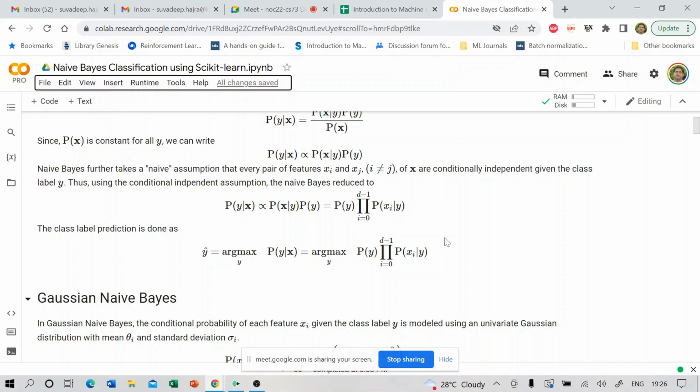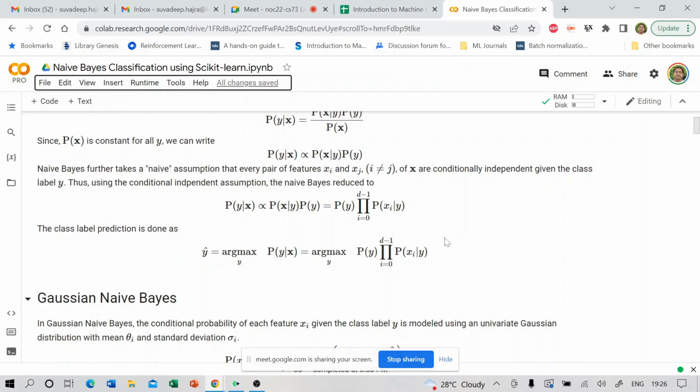Since we are taking the naive Bayes assumption, the distribution used for x1 will be different from the distribution used for x2. So for x1, for each combination of class and feature, we will need one distribution.